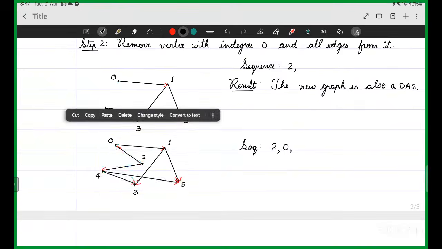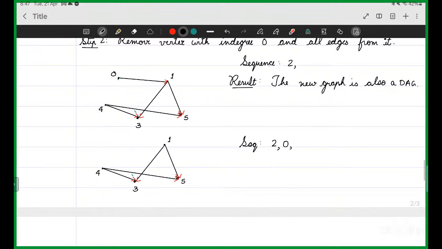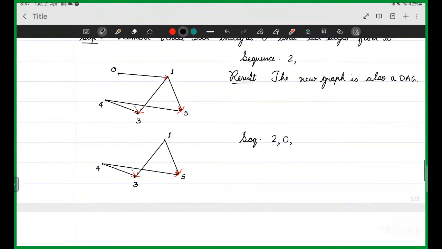It says when you start with this, you remove 0, the vertex with in degree 0, as well as the edges out of it. Now I'm left with this graph. Once again, this is a DAG, a directed acyclic graph.